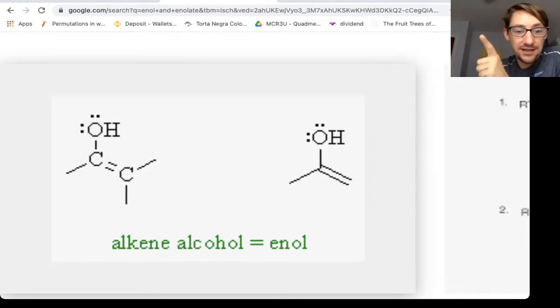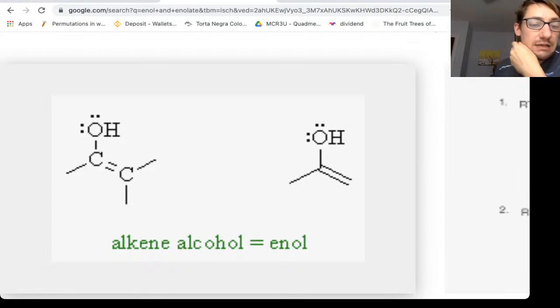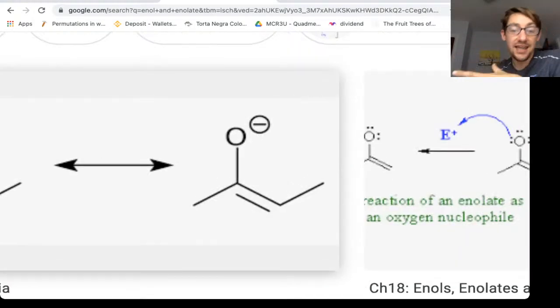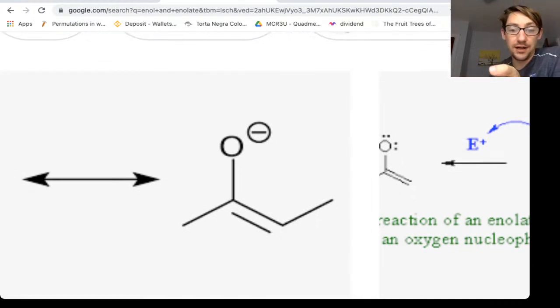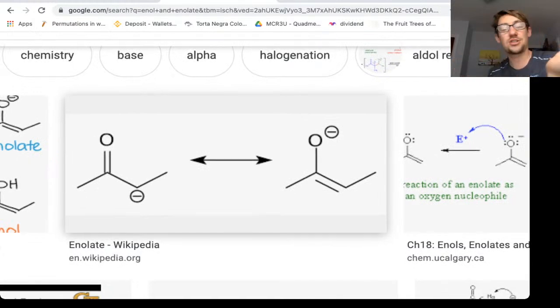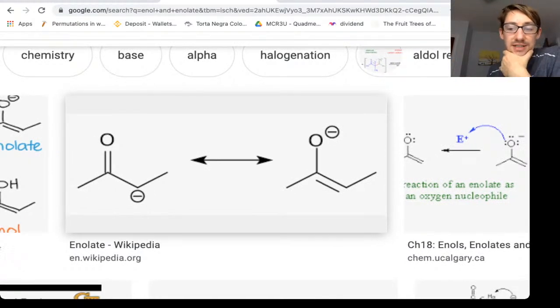Now, the two pictures I'm highlighting on your screen right now are the same molecule. This carbon has two hydrogens on it, which are not shown. Anyways, you have a double bond and an OH on one of the carbons that has the double bond. Here's the idea behind enols, is that you could remove the H away from that. Now that's just resonance. I don't know what a tautomer is.